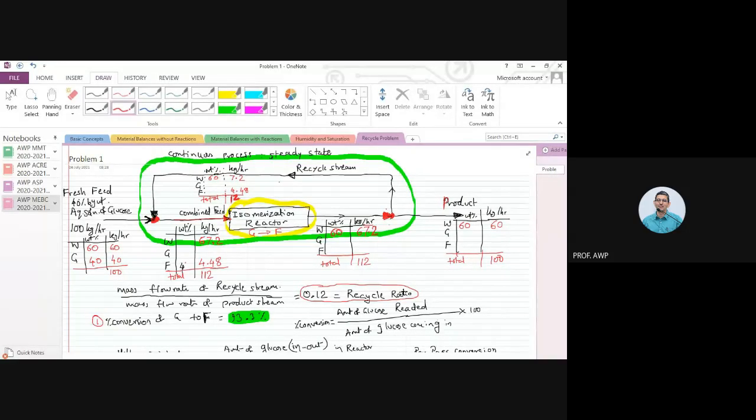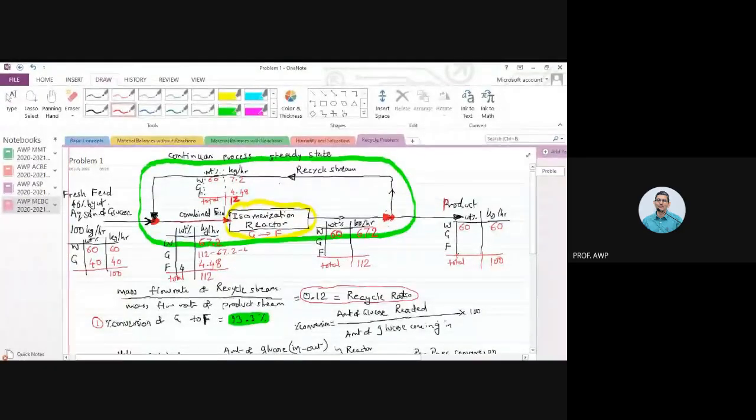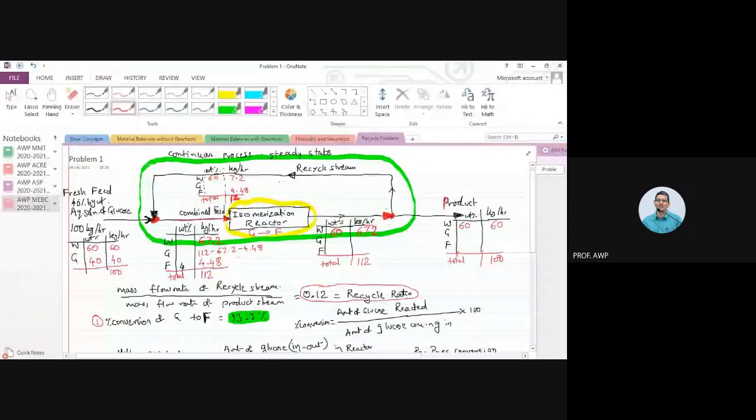So the balance, 112 minus 67.2 minus 4.48, would be the glucose stream. And if you calculate that, the glucose stream is 40.32.